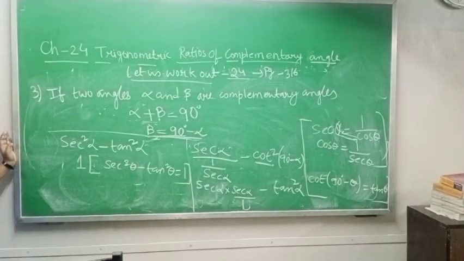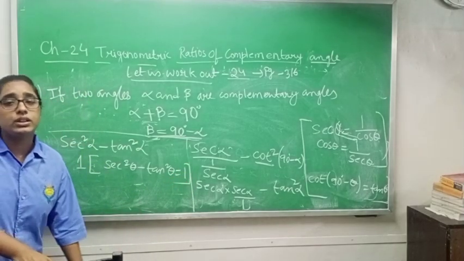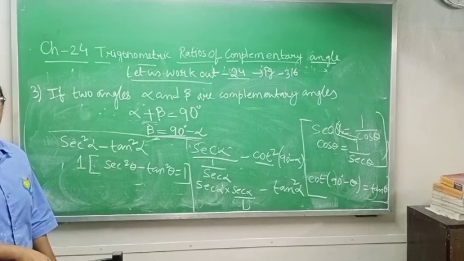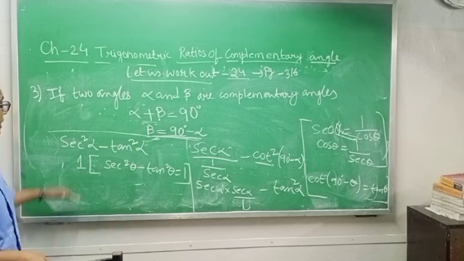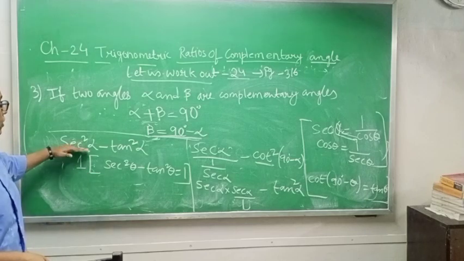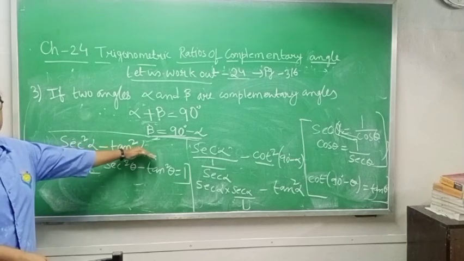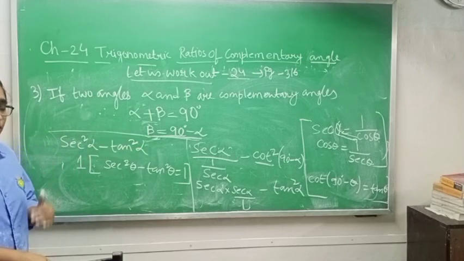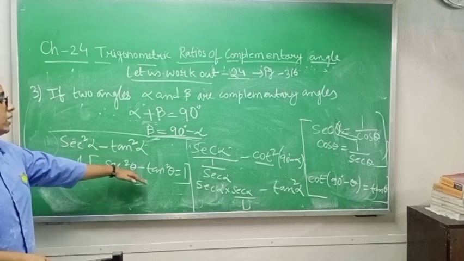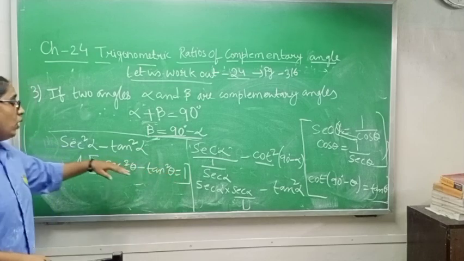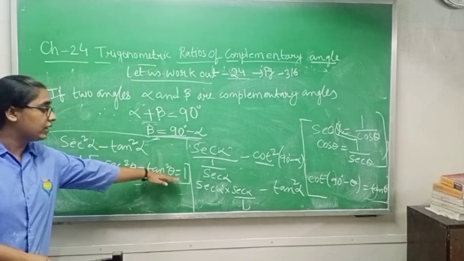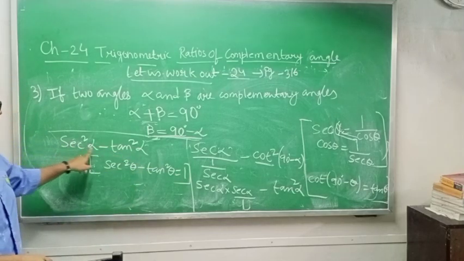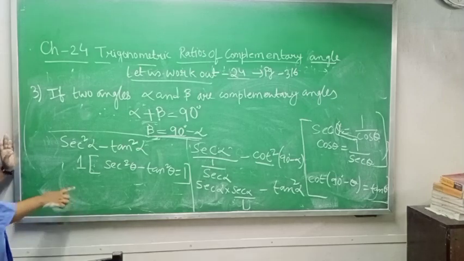If you forgot all the formulas, please go to chapter 23, go through all the formulas, then come back to this chapter. Otherwise you will not understand why I am writing 1 in place of sec square alpha minus tan square alpha. I am getting it from the formula in chapter 23 that sec square theta minus tan square theta equals 1. Only here the angles are different: there the angle is theta and here it is alpha. So you are getting sec square alpha minus tan square alpha equals 1.